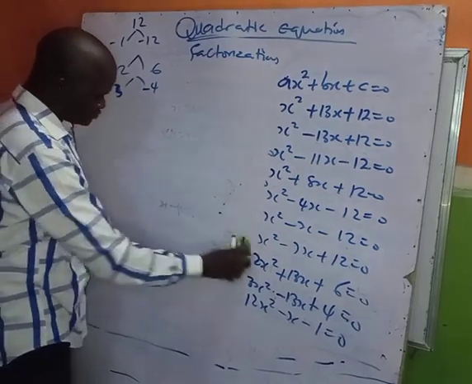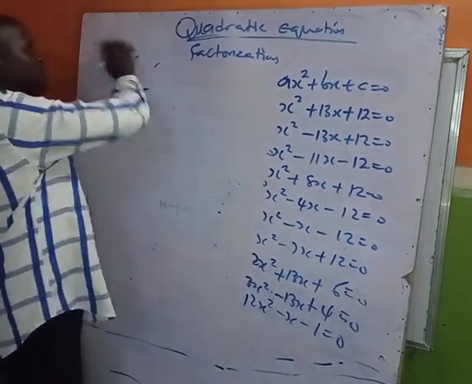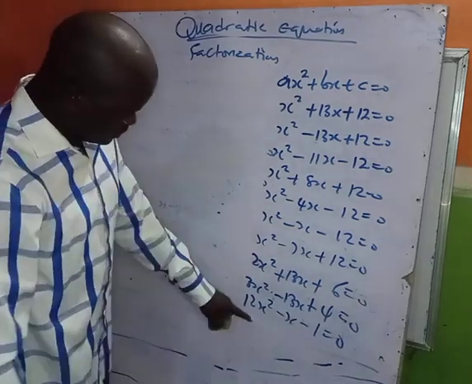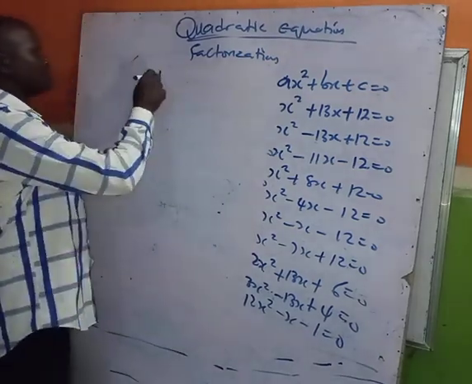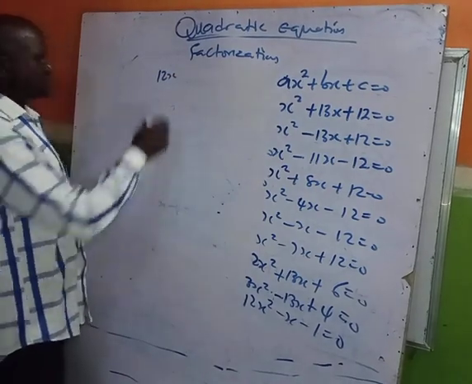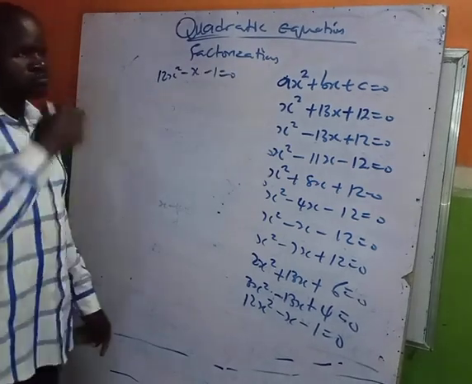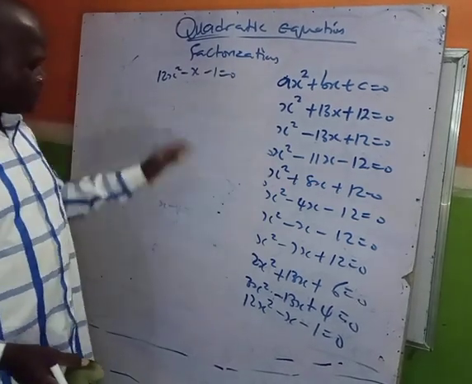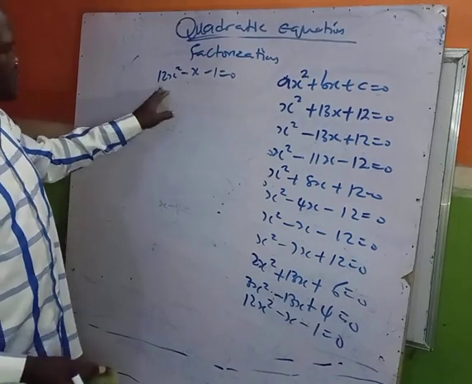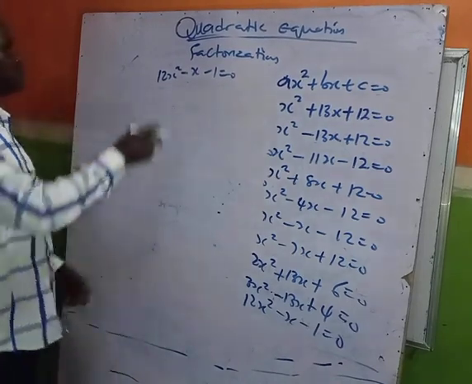Lastly, let's look at another one. Let's look at this last one. So what you have here is 12x squared minus x minus 1 equal to 0. If you want to do this, what are you going to do? You simply multiply these together. So you have 12x squared.